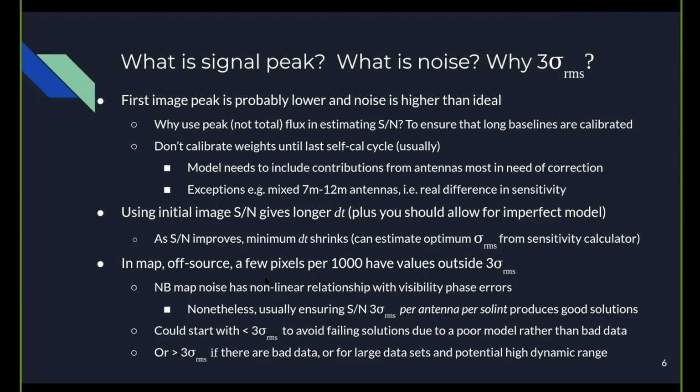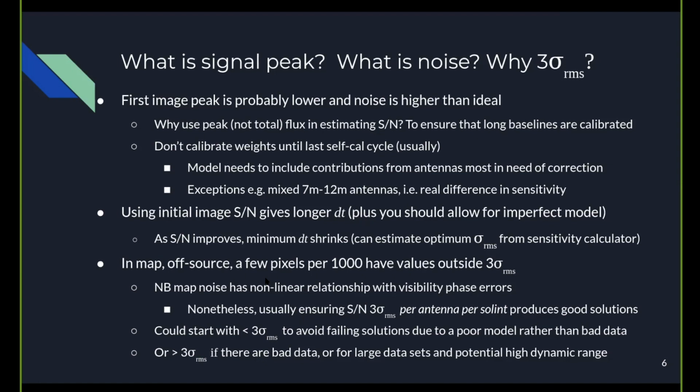If you had a really poor model for the first few rounds of self-calibration, you might want to have a much lower cutoff, 1.5 or even 1 signal to noise, if the problem is not that the data are inherently bad, but that, say, your phase reference source was a really long way away from your target.